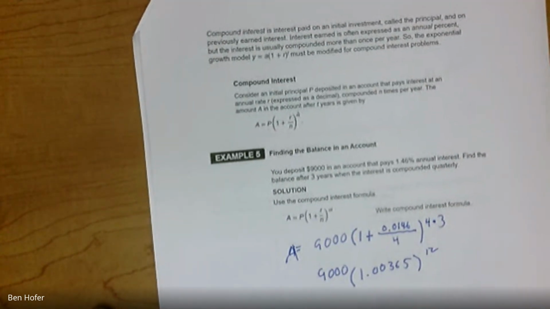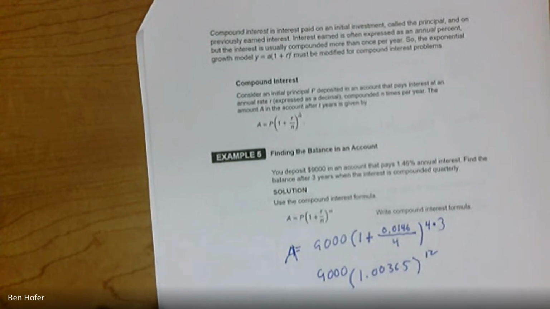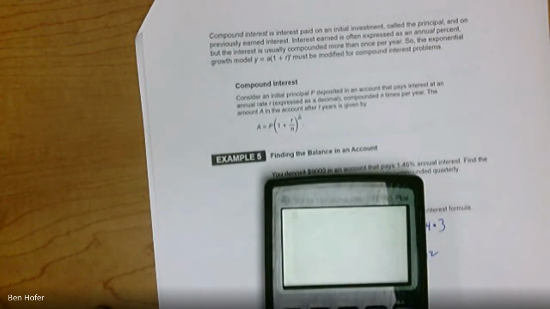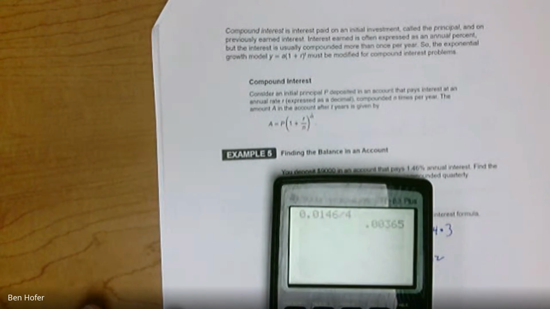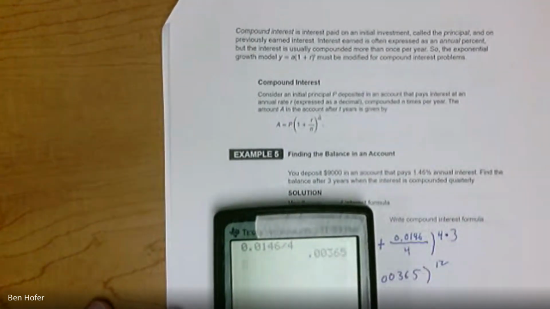I would do this whole problem on the calculator, but I would probably not do it all in one line. I would probably work on the parentheses part first. I would figure out 0.0146 divided by 4. That's my quarterly rate that they're going to pay me. So I took the annual rate divided by 4 for 4 quarters, and then I'm going to add the 1 to it.